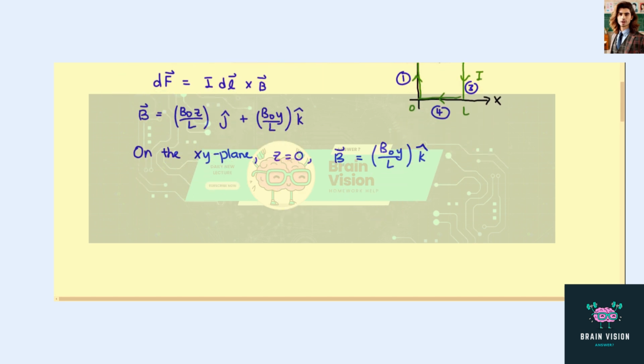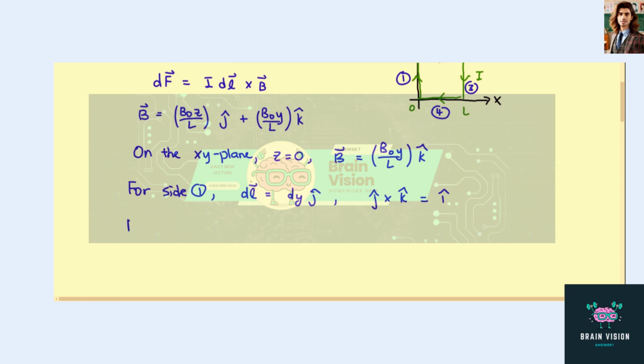Then for side 1, our dl is along the j hat direction, dy. So we are going to have j hat cross k hat, which gives us i hat.